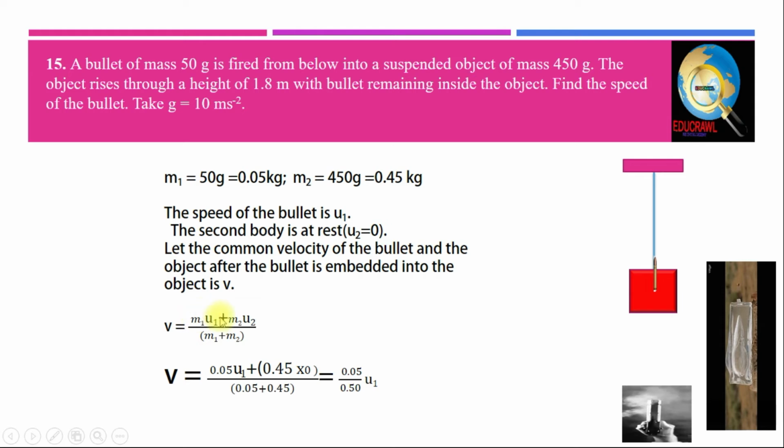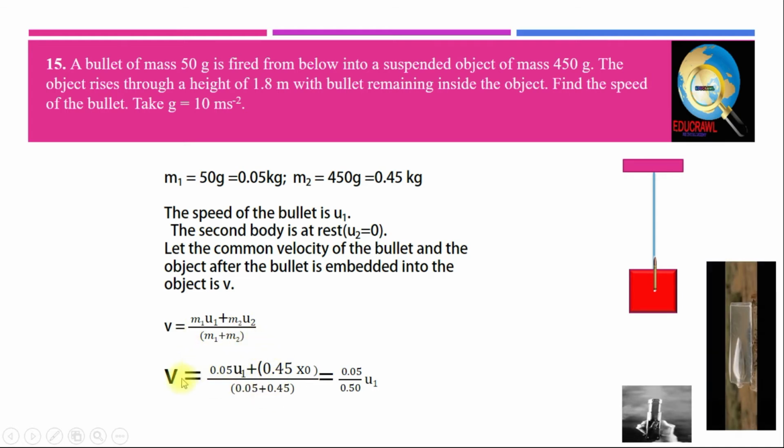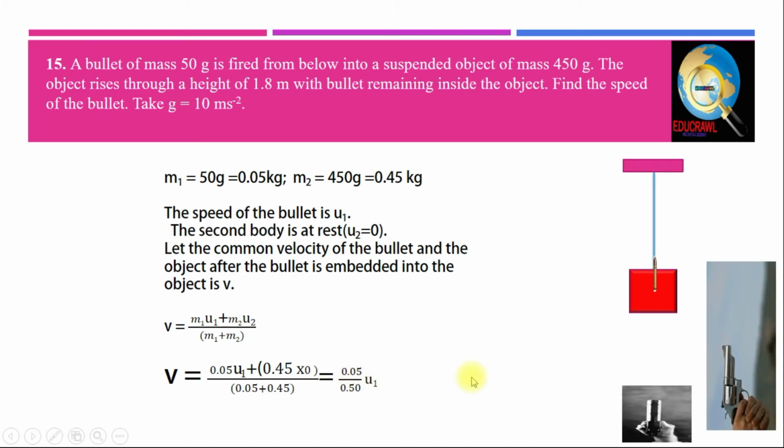Substituting m1 value, m2 value, u1 value and u2 value, which we know is 0, and simplifying, we get V is equal to 0.05 divided by 0.50 u1. You can have this equation for further simplification.